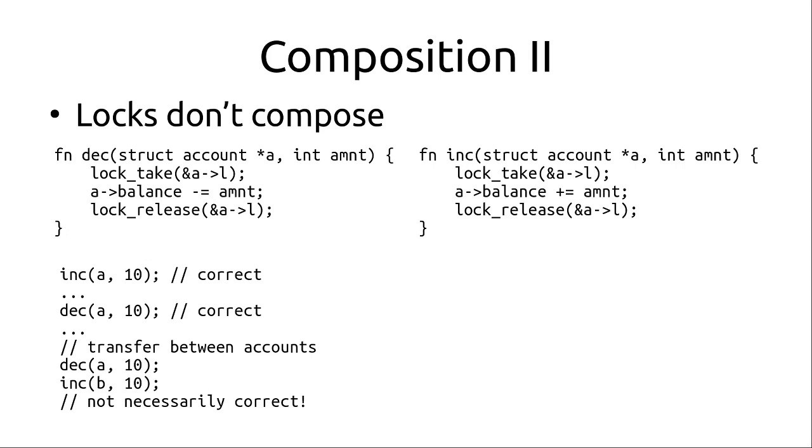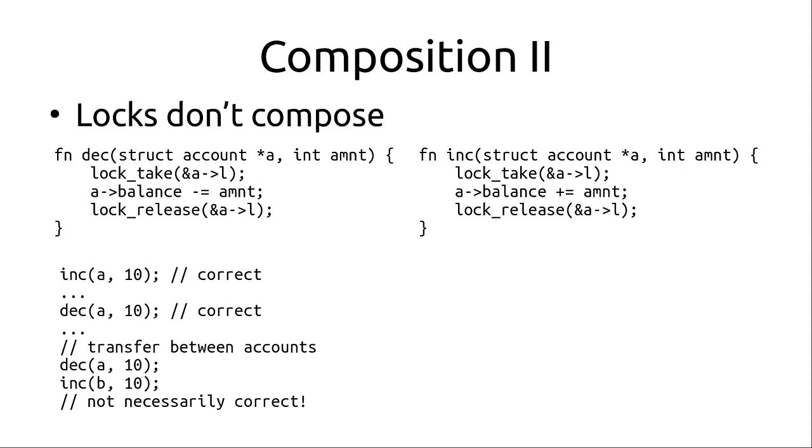And if we want to transfer between two separate accounts, notice in the lower example we have the A and then B, that's actually not necessarily correct, because we could be preempted, or we could have a parallel operation executing on a different core in between that increment and decrement. Between the increment and decrement, a lock is not taken, so anything can happen, right?